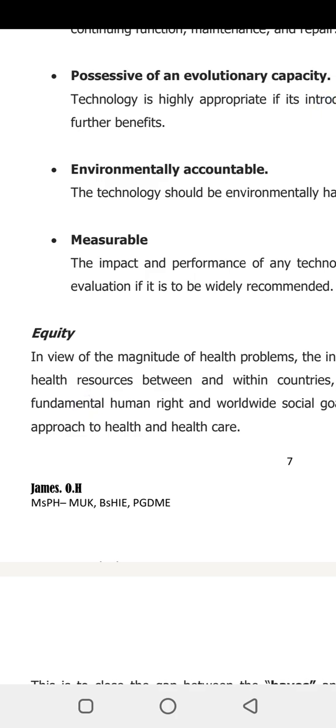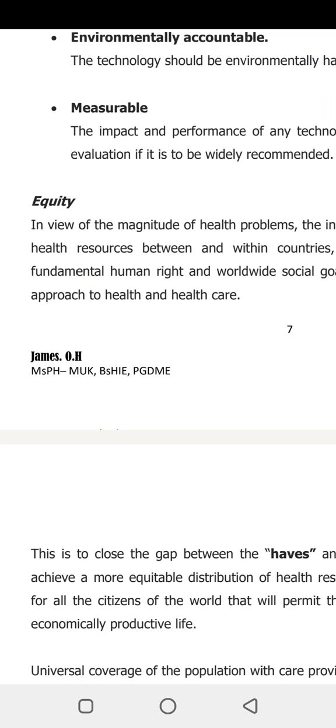Here now we have to make an evaluation. We sit down and make an assessment. Yes, we started this project, but how is it impacting the community? What are the benefits? Are people's lives changing? We need to sit and measure how the project is affecting the people, the community members.